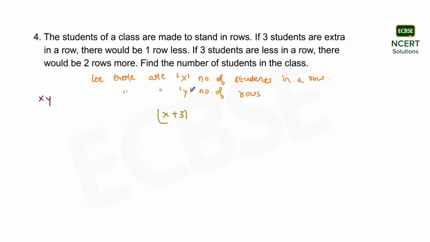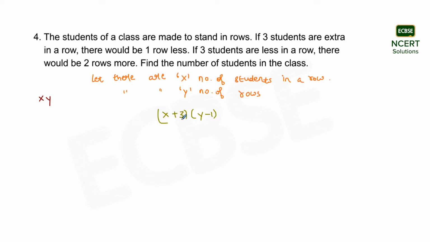Means if earlier there were y rows, now the number of rows will be y minus 1. But as we know, the total number of students still remains the same. There is only an arrangement difference between the two. That is, xy will be the same as (x plus 3) into (y minus 1).